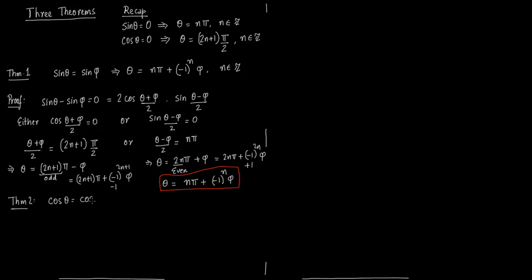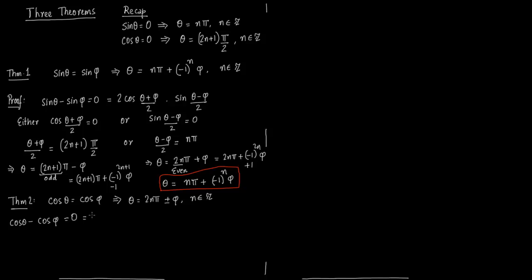Second theorem: cos theta equals cos phi would imply theta is of the form 2n pi plus minus phi, where n is an integer. So you write the left hand side like this: cos theta minus cos phi is 0.